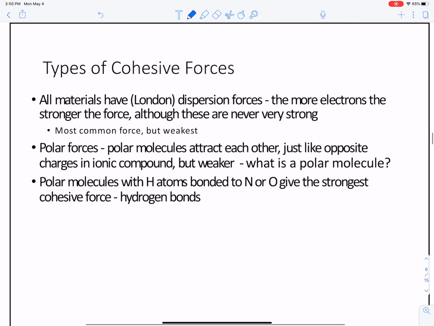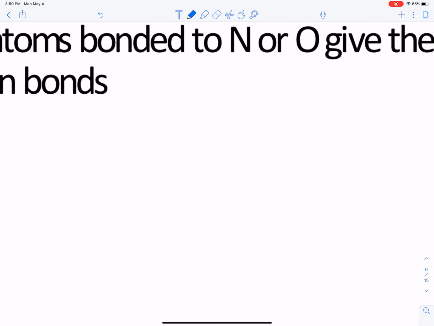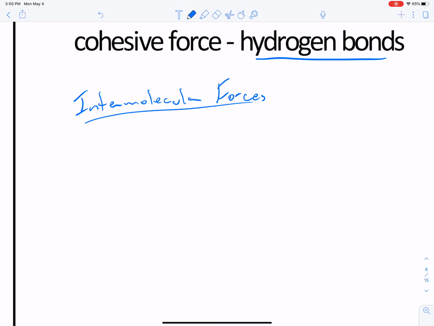So what are the types of cohesive forces? Well, I like to call these cohesive forces, the more generic term, intermolecular forces. We already talked about hydrogen bonds.